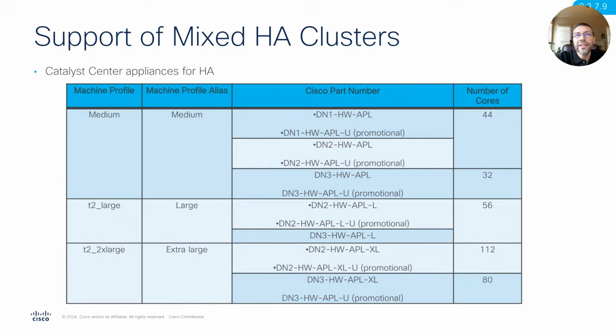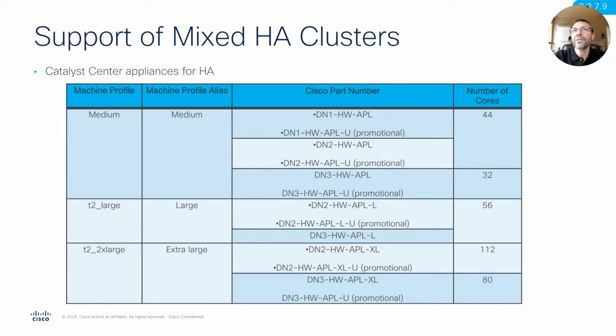Here in the slides, we have a chart. We've got the support matrix for the different hardware platforms in the cluster. This information is also available online, but the mixed HA cluster, as you can see in the top corner, is one of the new 2379 features. As you look through the slides, you'll notice that the 2379 in the right-hand corner is where we're calling out these are 2379 features versus 237X features.